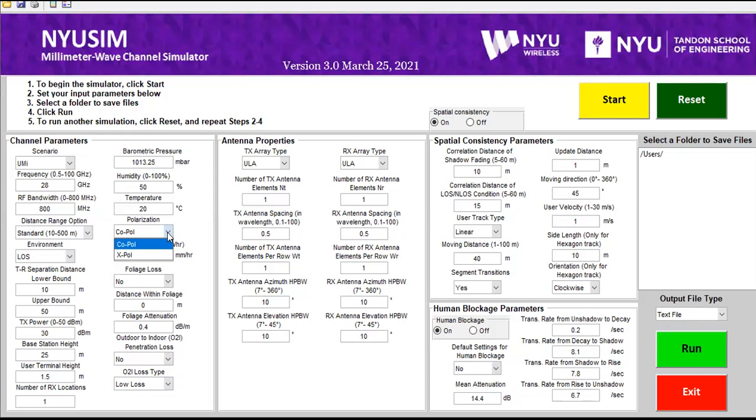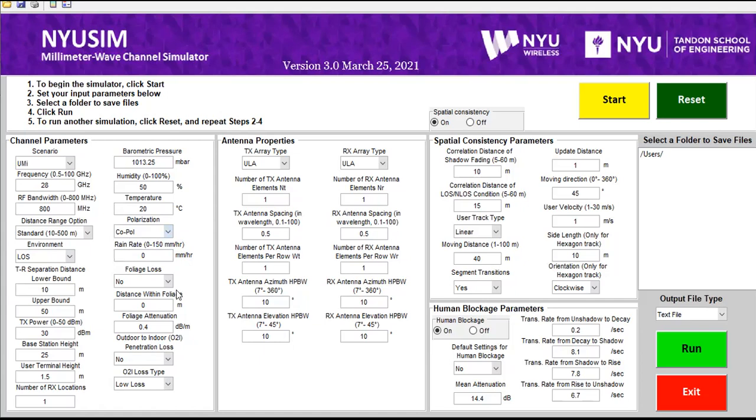Maybe you are holding your phone with some tilting or inclination that matches the base station antenna position, and then copolarization will give you a proper result. But what if you put it in a wrong position? You can check how much signal reception you may have using cross polarization.